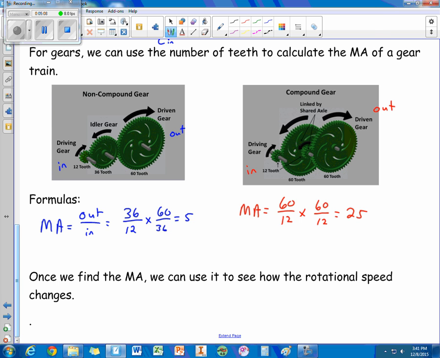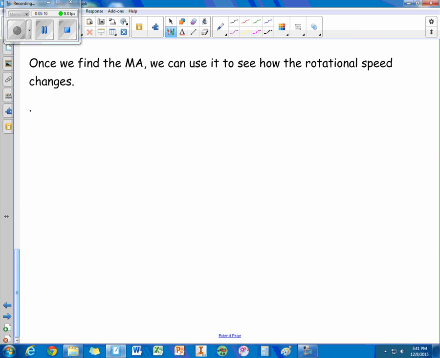Now, once we have the mechanical advantage, we can use that to calculate rotational speed. So what this means is that the input rotational speed, omega in, multiplied by your mechanical advantage. Actually, I got this backwards here.